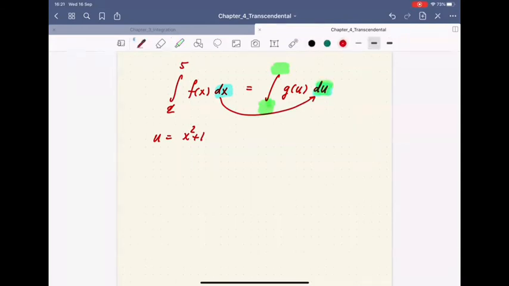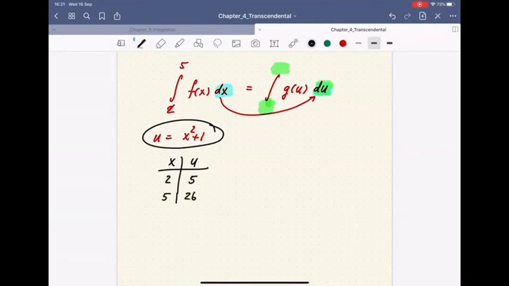Because u is x squared plus 1, you have to think about what happens with u when x equals 2. When x equals 2, u is 5. When x equals 5, u is 26. So that means you have to say this is 5 to 26. Sounds good? Is that your question?